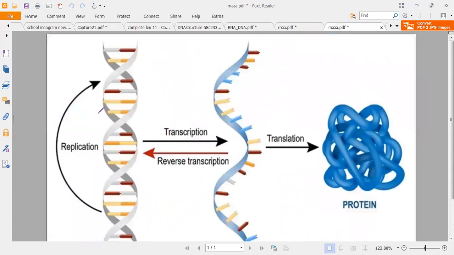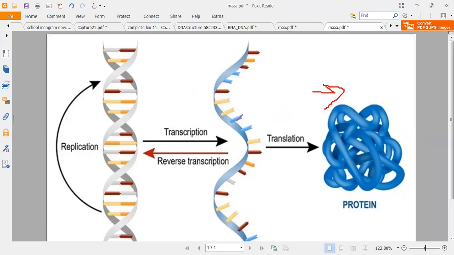You can see another process, like there is the replication of this DNA, and when it is required there can be transcription, meaning it gives messages to the RNA, and RNA makes a single copy of this DNA, and then it goes to form the protein, that is called the translation process.